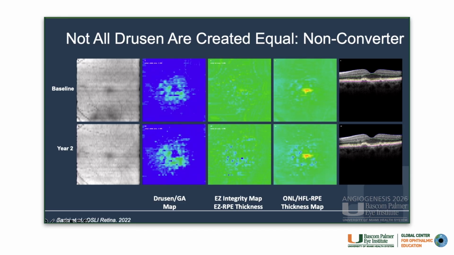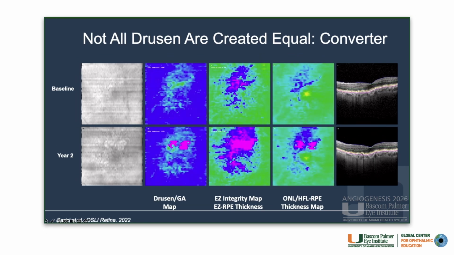We see here the drusen map in the second column in green, showing significant volume of drusen in this macular cube, with minimal effect on the ellipsoid zone, noted here in the third column in green, and overall, over the course of 2 years, minimal signs of progression. Conversely, in this eye, we see similar amounts of drusen volume with a dramatic impact on ellipsoid zone loss and partial EZ attenuation. Over the course of 2 years, this progresses with the development of geographic atrophy.